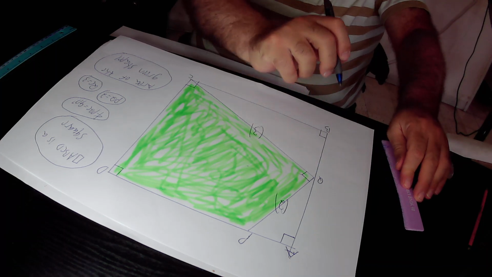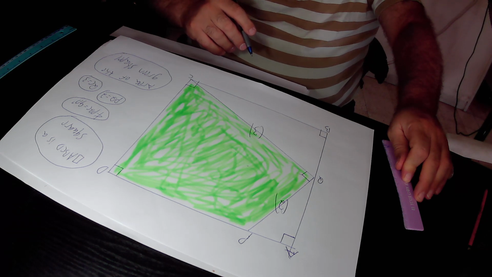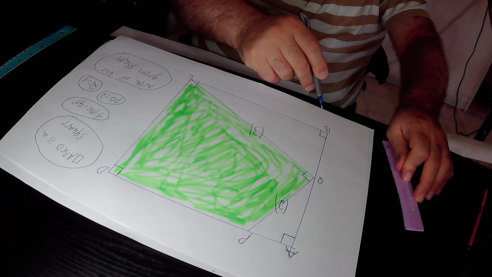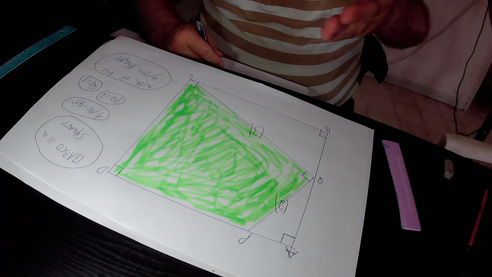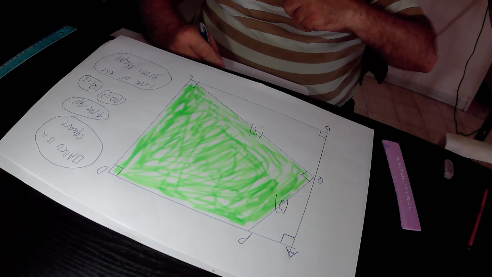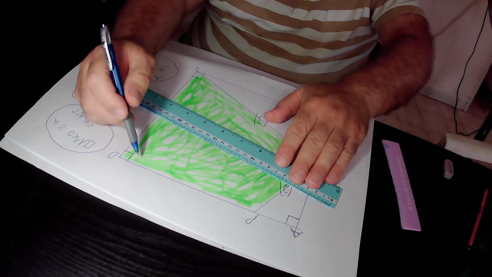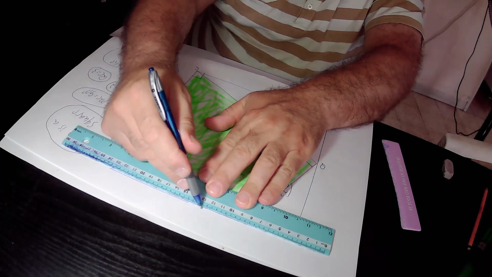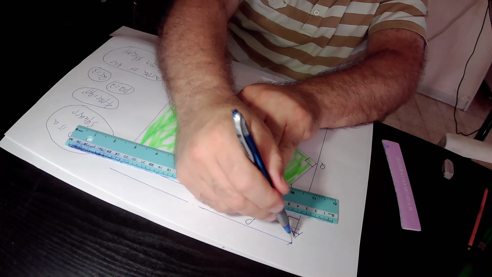In addition, we know that all the sides of a square are equal to each other. That is to say, AD equals DC equals CB equals BA. So we will define one side of this square ABCD as A, and therefore all the other sides must also be equal to A. So this is side AD, that is equal to A units in its length.